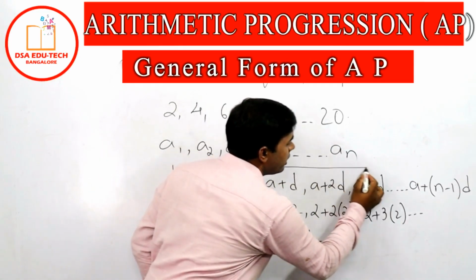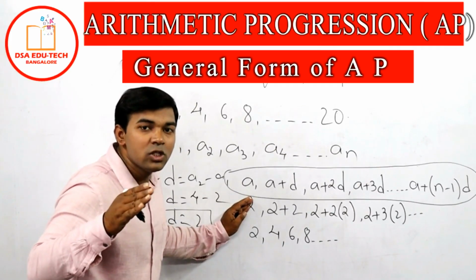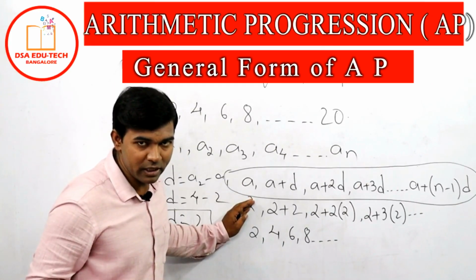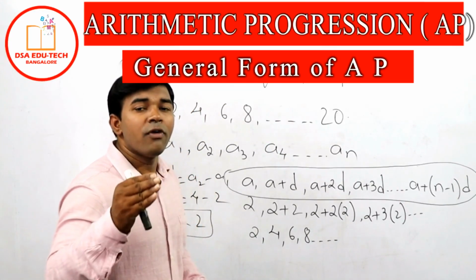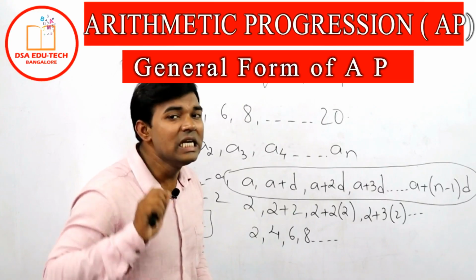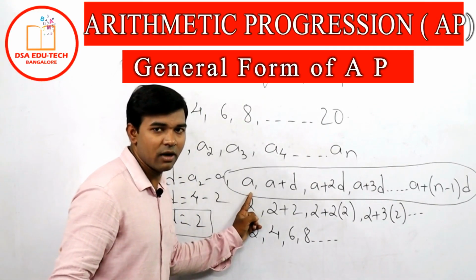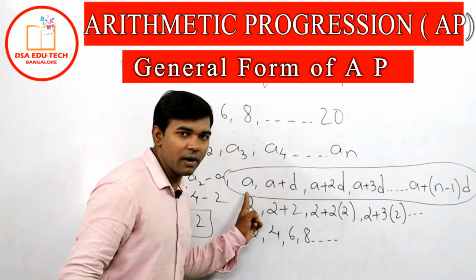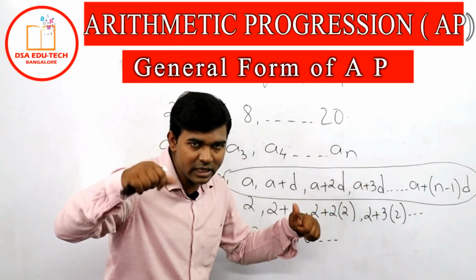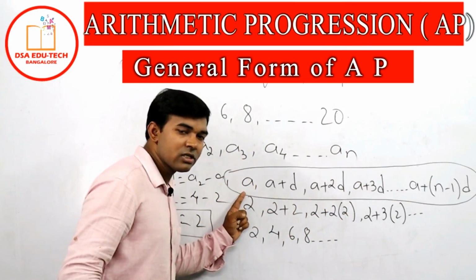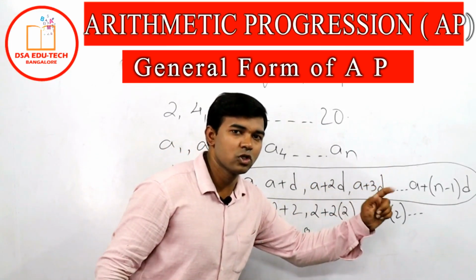You should know this. So whatever you are able to observe here is known as the general form of an AP. Everyone is getting? Now in the general form of an AP, there is a little variation in the first number, the second number. Here I will call this the first term, second term, third term, fourth term, so on, right?